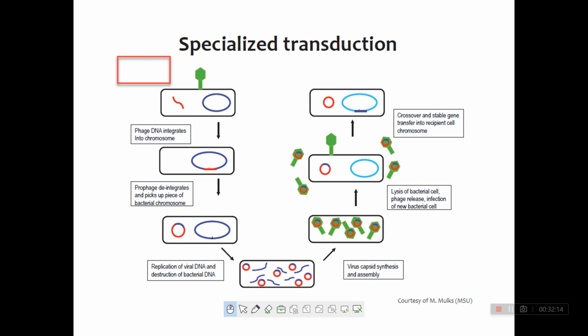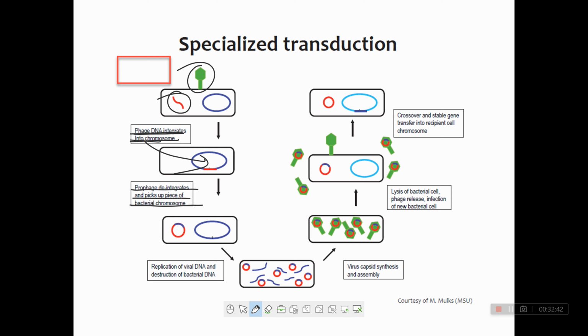See here, this is a diagram of specialized transduction. This is a prophage, a bacteriophage. The phage DNA is integrated into a chromosome through recombination. The prophage deintegrates and picks up a piece of the bacterial chromosome.